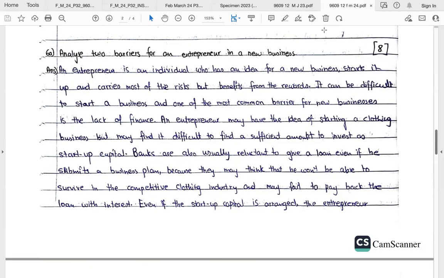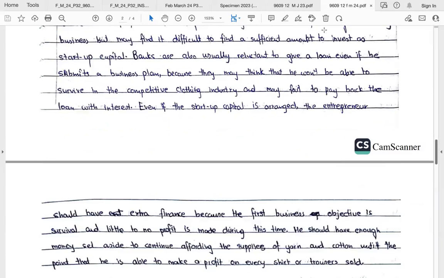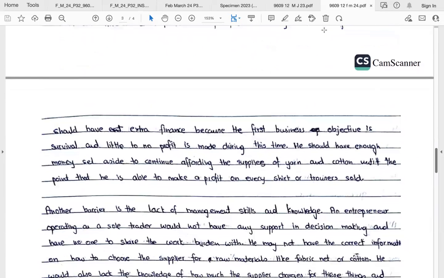Banks are also usually reluctant to give loans if he submits a business plan, because they may think that he won't be able to survive in the competitive clothing industry and may fail to pay back the loan with the interest. Even if the startup capital is arranged, the entrepreneur should have extra finance because the first business objective is to survive, and little or no profit is made during this time.